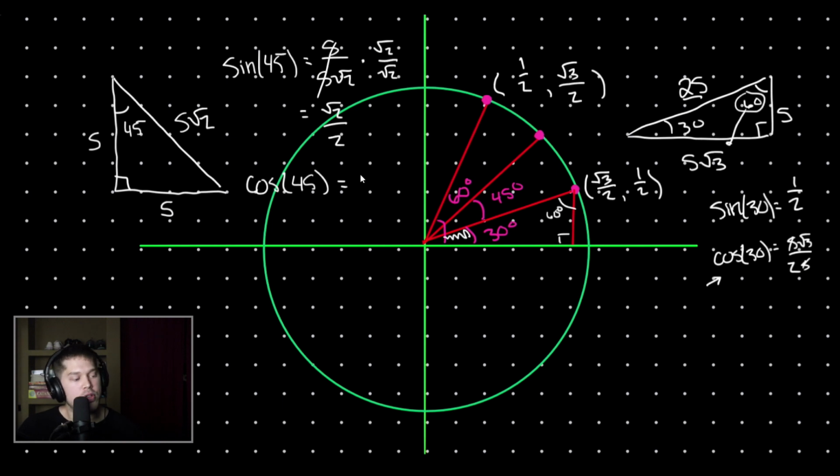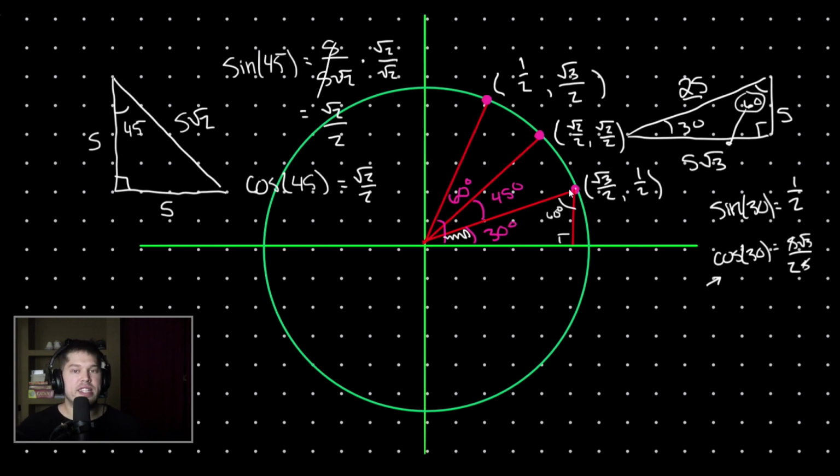Therefore, it will also simplify to root 2 over 2. So sine and cosine of 45 degrees are both root 2 over 2. Excellent. So this is how, using our special right triangles, we were able to find the sine and cosine values for 30 degrees, 45 degrees, and 60 degrees, respectively.